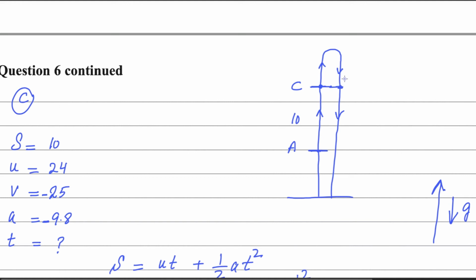Now if you take the difference of these two times, we will find the time above point C. That's why we are getting two times. The smaller time is this point, and the bigger time is this one.